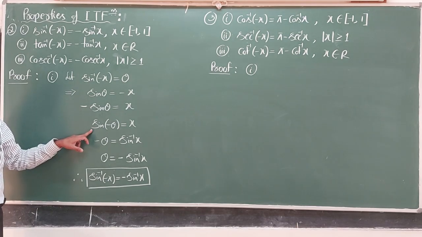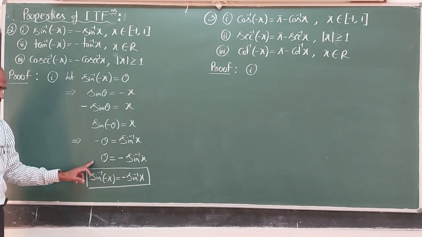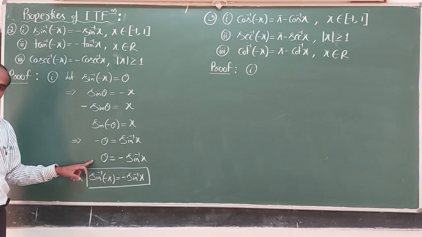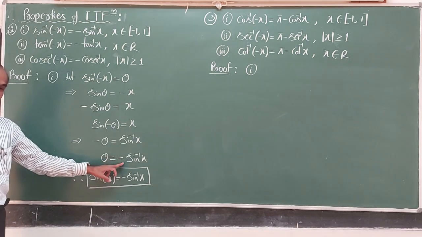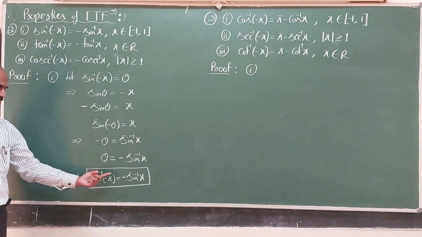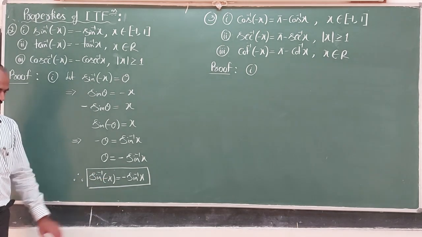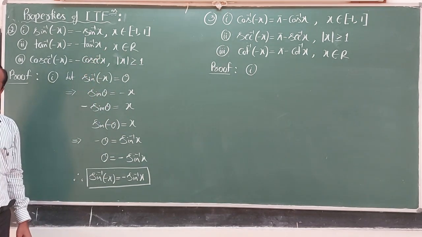Now, using the inverse function, I can write minus theta equal to sin inverse x. Multiplying both sides by minus sign, theta equals minus sin inverse x. Resubstitute theta. So in this way sin inverse of minus x is minus sin inverse x. It is understood x must lie in the range minus 1 to plus 1.